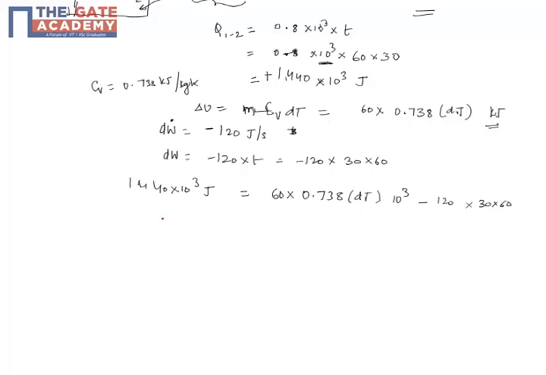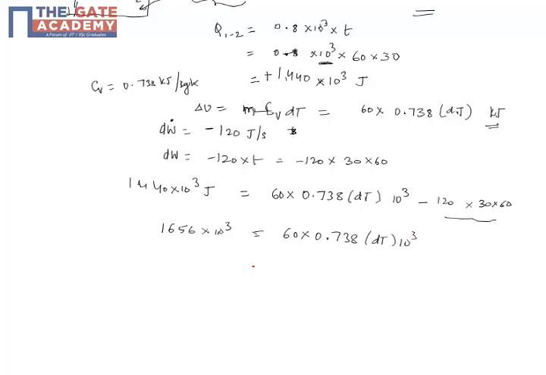Bringing the work done factor to the left hand side, the entire thing will be 1656 into 10 power 3. 12 into 18 is 216, and 216 plus 1440 is 1656, into 60 into 0.738 into dT into 10 power 3.